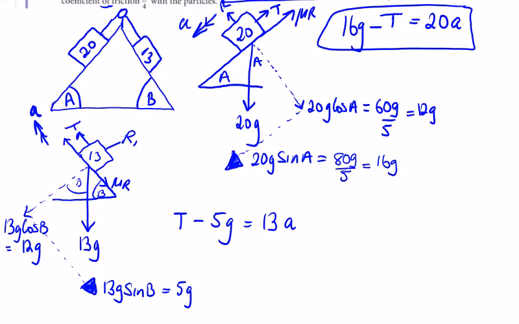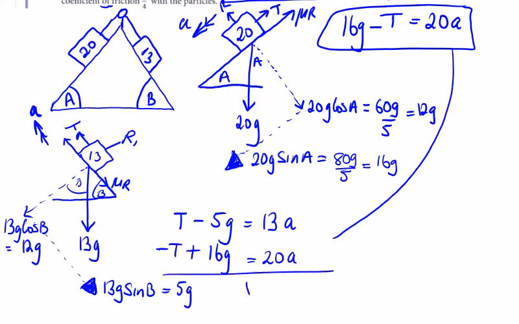So if I bring my other equation down, 16G, and I have a minus T from here is equal to 20a. Combining these equations, I'm going to get 11G is equal to 33a. So a is equal to G over 3 meters per second squared.